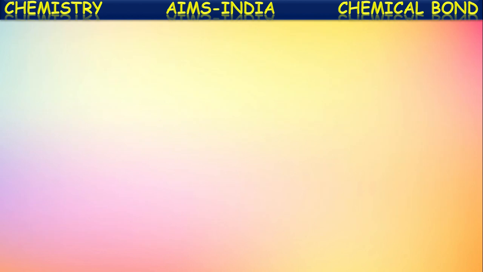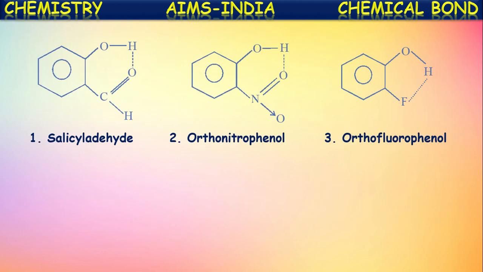Next, let us see some other examples of intramolecular hydrogen bonding. See here, certain organic substances are mentioned. No need to worry about the molecular formulae. Just observe how the hydrogen bonding is occurring. This one is called salicylanilide. In this molecule, between the electropositive hydrogen atom and the electronegative oxygen atom of the same molecule, this attraction is occurring because of polarity.